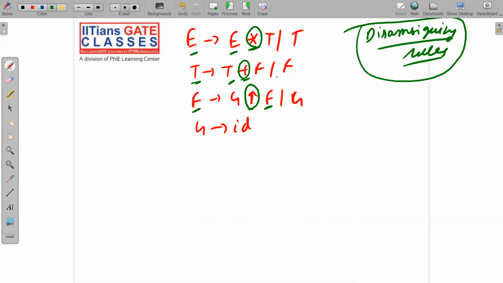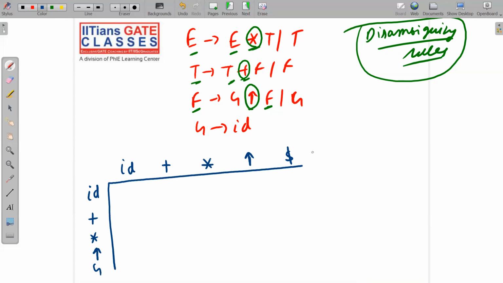And now I will try to make the table according to this only. So let me write the operators. What are the operators here? id, plus, star, arrow, and dollar. Similarly here id, plus, star, arrow, dollar. Arrow is the power operator.